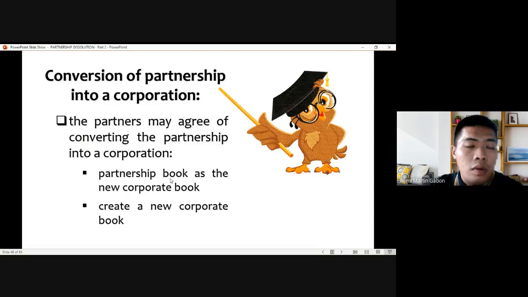The partnership book will be retained as the new corporate book, or create a new corporate book. It's the same as when we have the partnership formation.